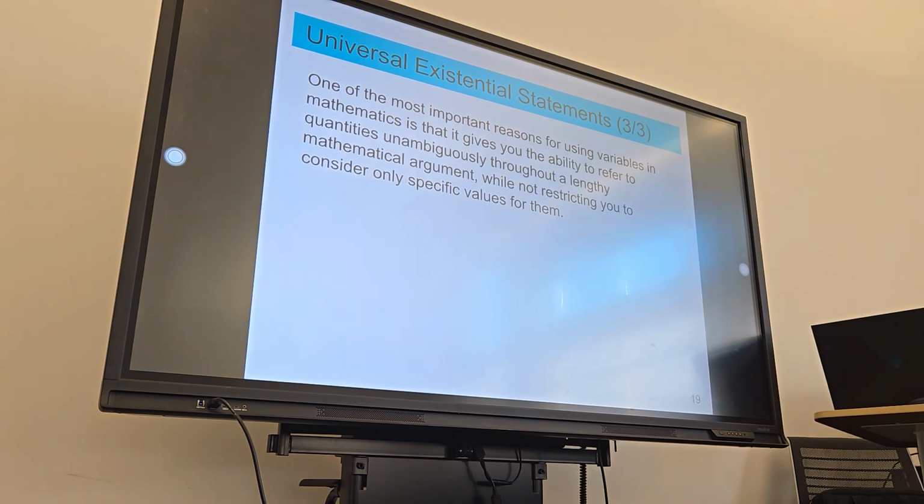These examples they're giving are fairly simple and kind of obvious to anybody that's taken at least Cal 1, like everybody here should have. But when you get into more complex formulas and processes and that sort of thing, using variables and breaking these statements down can be very important and make life a whole lot easier.